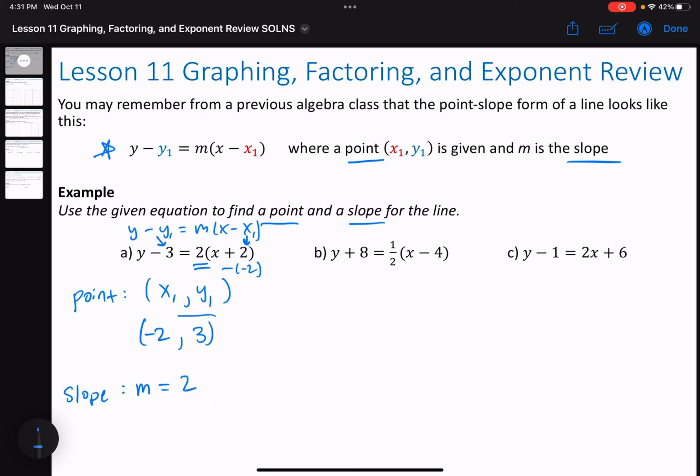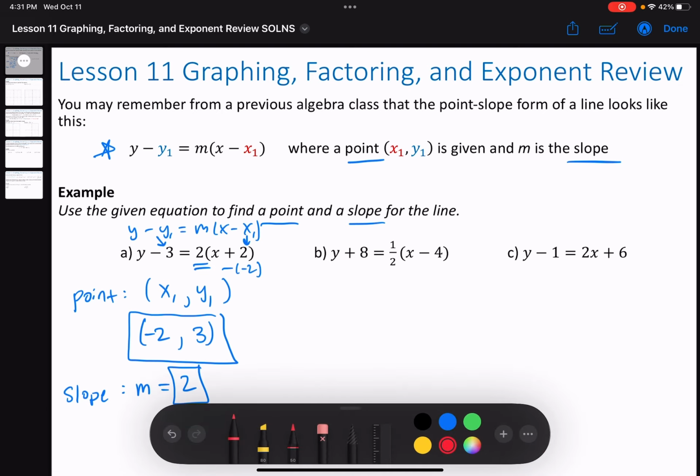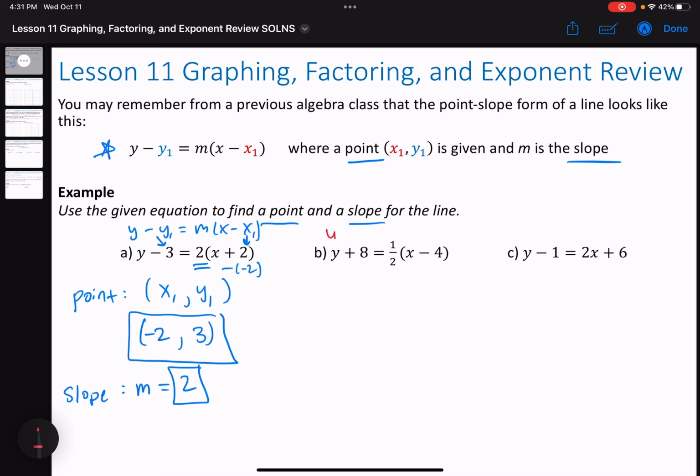So I'm going to practice this a few more times. Basically, we're reading the information that they give us, and we're trying to figure out our point and our slope. Let's try this again. If we know that y minus y1 is equal to m times x minus x1, our point is going to line up with our x1.